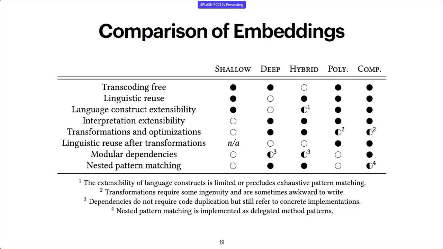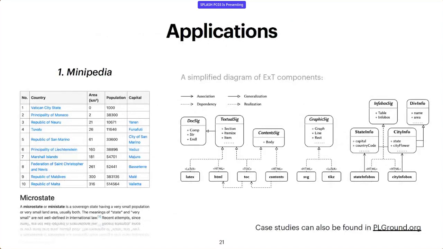Let me see. Yeah, I think we can, because the semantic domain is reflected in the sort we use here. For example, the sorts are LaTeX and HTML. We regard them as different semantic domains that are using the same language constructs, right?